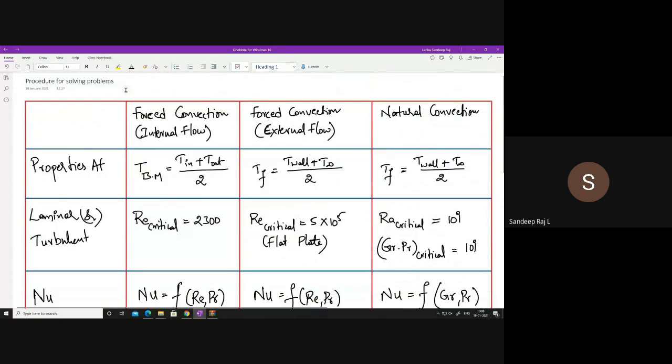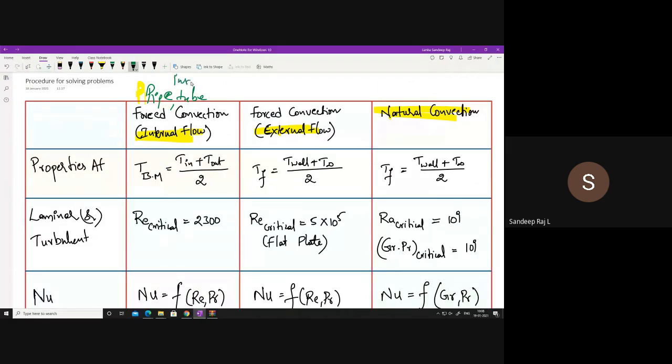How do you find whether the flow is internal flow, external flow, or a natural convection flow? What is the basis for that? When it comes to internal flow, you will have words like pipe, tube, inside the tube.